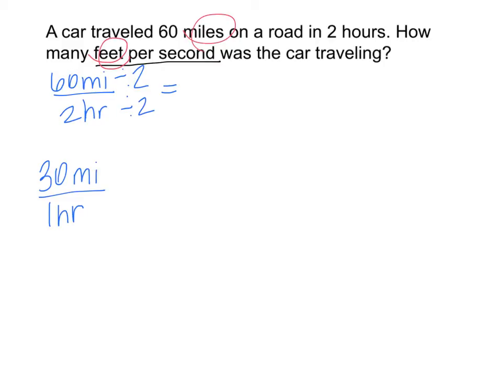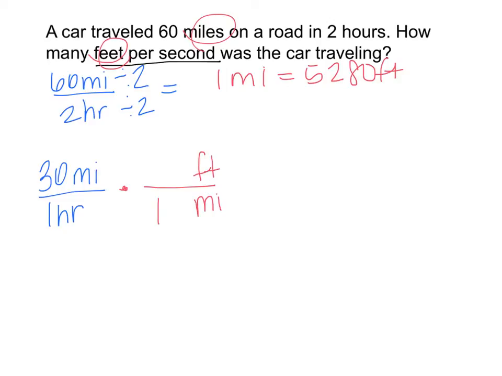So you should have found that in 1 mile, there are 5,280 feet. So if I make this second ratio, remember I want my units to be top and bottom. So that means miles needs to be in the denominator and feet is in the numerator.